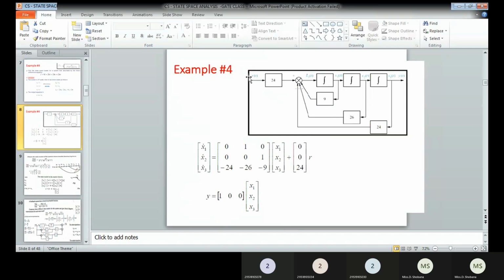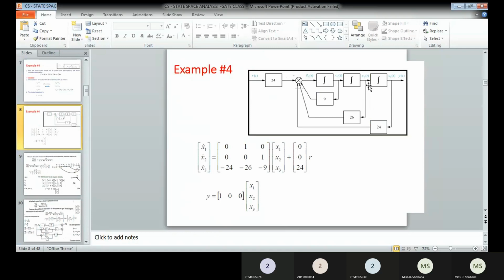From this, the input signal is given with a block gain of 24, and then the x3 coefficient is 9, that is given with a block gain, and the x2 coefficient is 26, that is also given with a block gain, and the x1 coefficient is nothing but 24, that is also given as a feedback gain. All these are given to the adder and added together, and then it is written as the equation x3 dot.